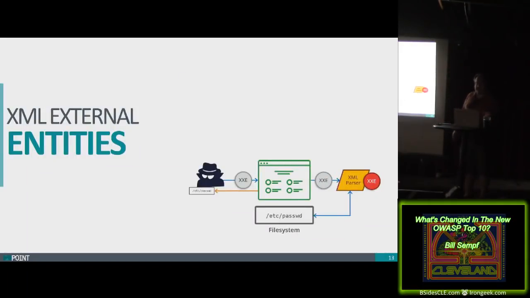So XML external entities. This is funny because my first speaker note says redo that image because it doesn't make any sense. XXE is difficult to explain easily, but more or less, anytime you're using an external file in an XML document. So if you have an application that is moving an XML document into another application, right?